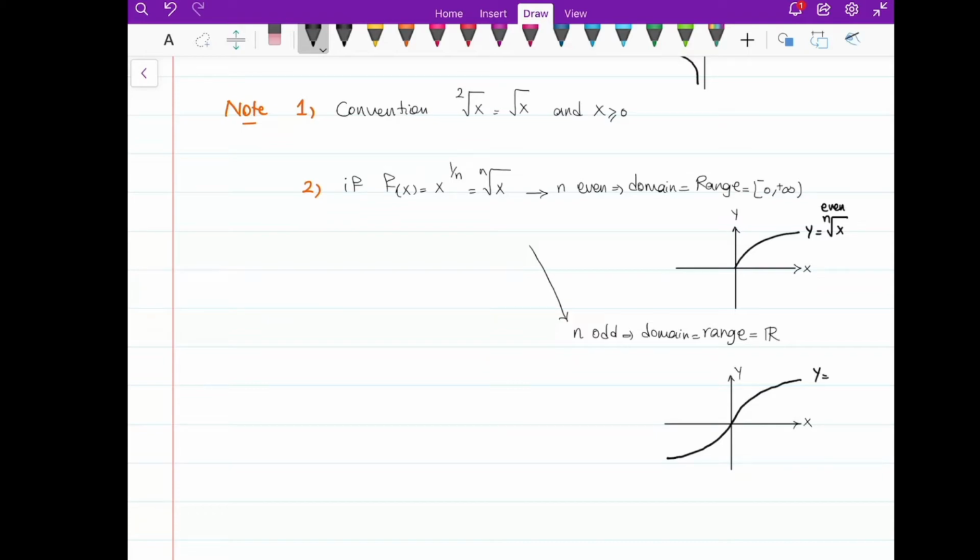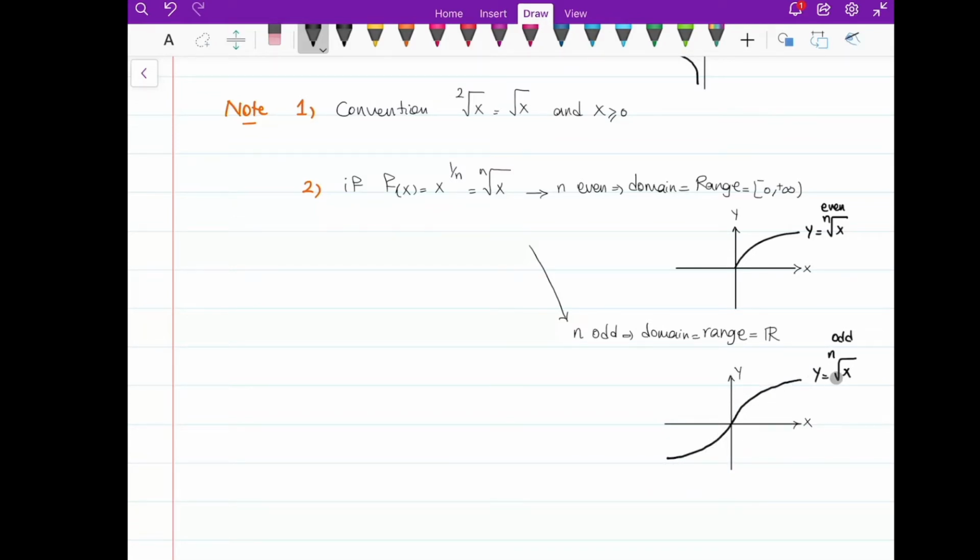So this is y equals the nth root of x when n is an odd number. So this is something interesting that you need to watch. If we have x to the power of a fraction, then we have the nth root. If the root is even, the graph looks like this. If the root is odd, the graph looks like this.